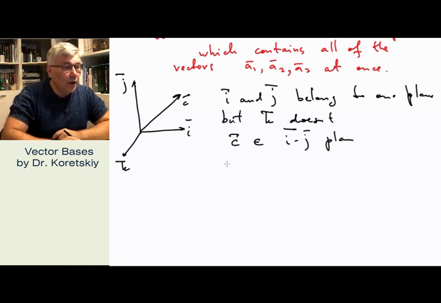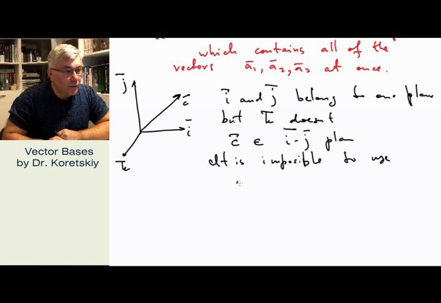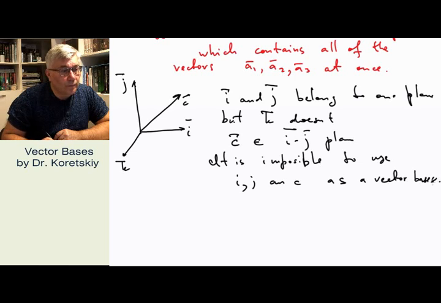But for example, vector c belongs to the ij plane, and it is impossible to use i, j, and c as a vector basis.